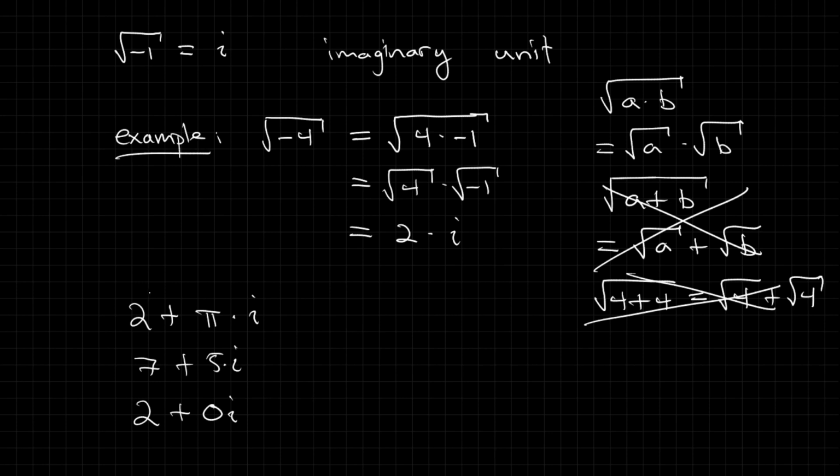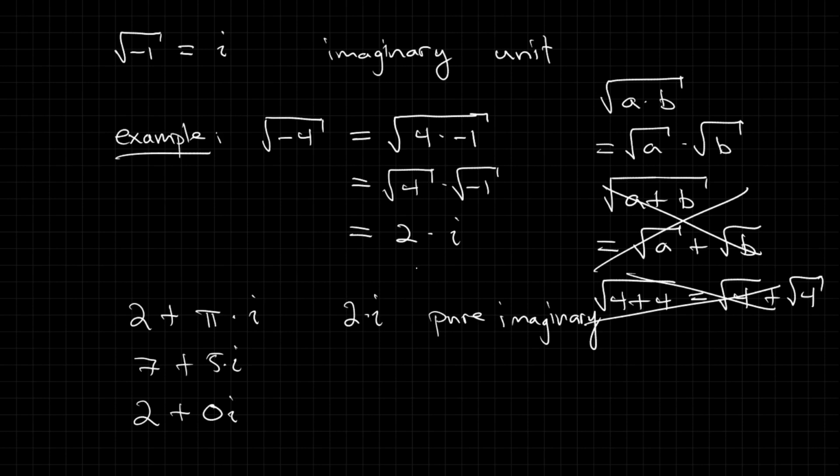And if there's no real number preceding the i, then we call that a pure imaginary number. So for example, 2 times i is a complex number, but it's also pure imaginary. Now, it is possible to write complex numbers in other ways as well.